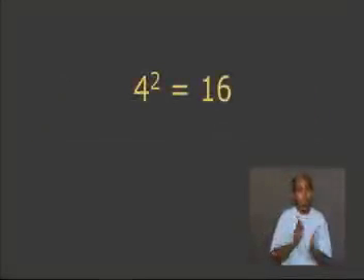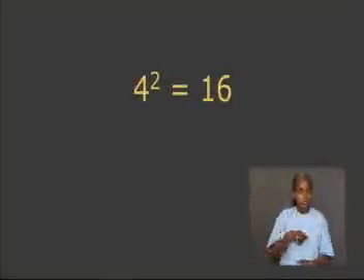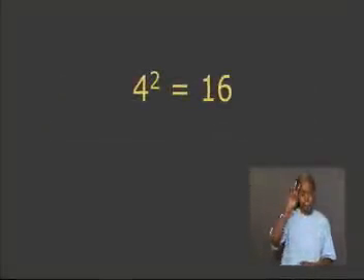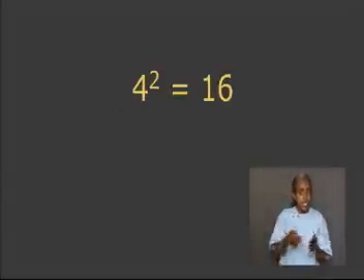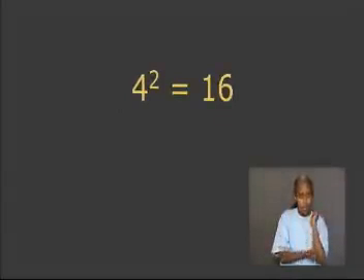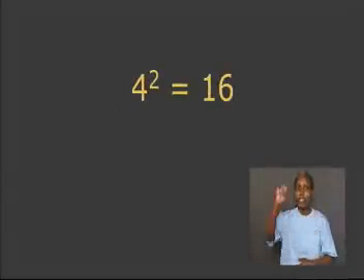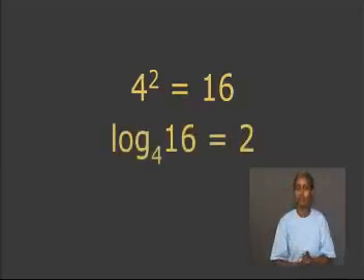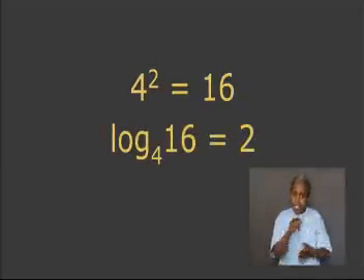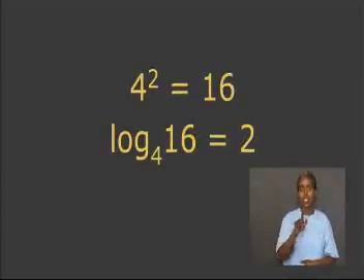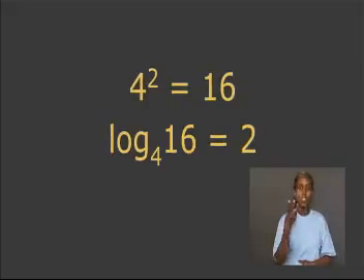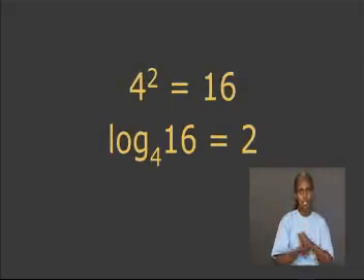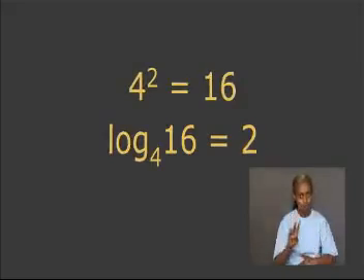For example, we know that 4 squared equals 16. In this case, the base is 4 and the exponent is 2. We can write the same equation in logarithm form as the logarithm of 16 to the base 4 equals 2.